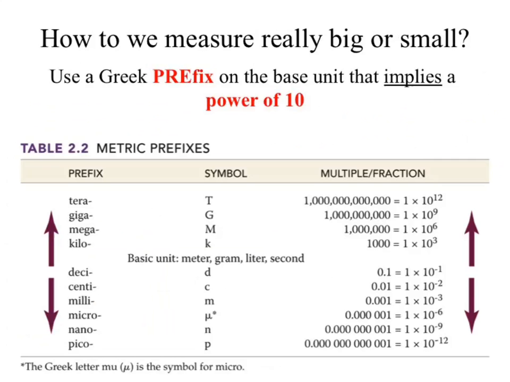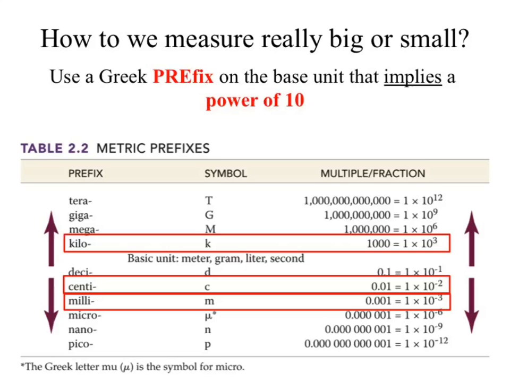Okay? So it's not required that you memorize them all because you don't see them all very often. What ones do you expect to be using super frequently? Kilo, centi, and milli. Okay? Can't guarantee it, but I'll throw it out there as an empty threat.